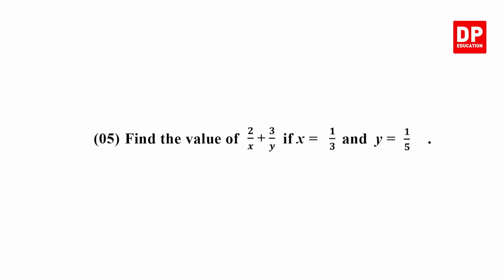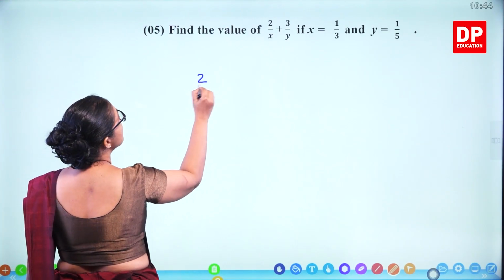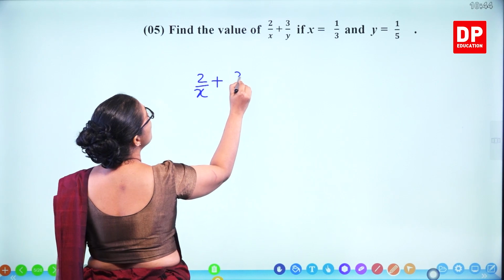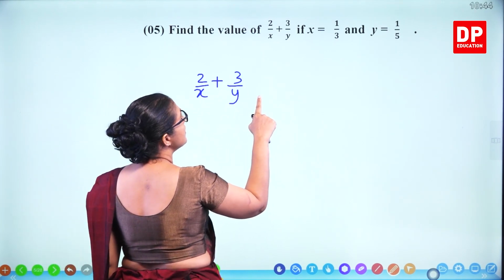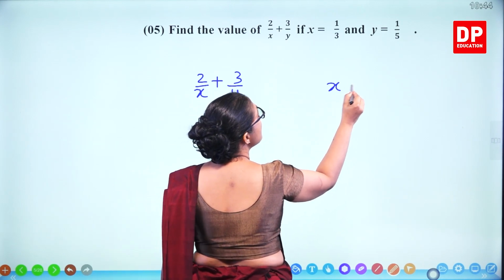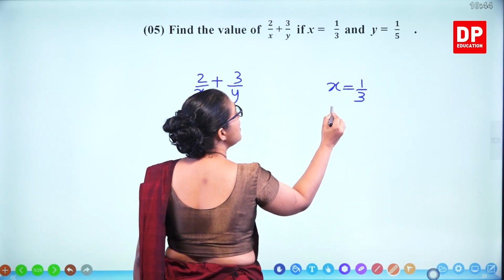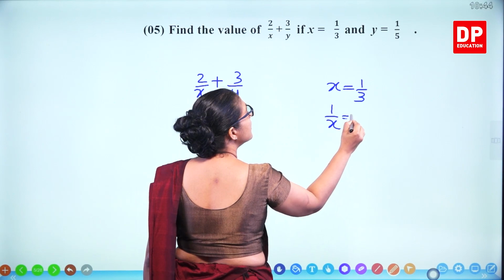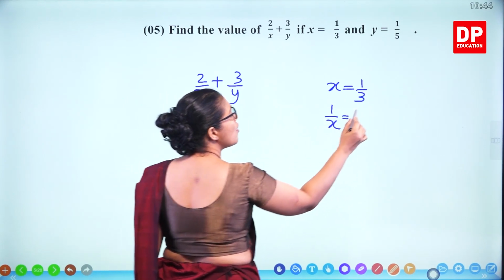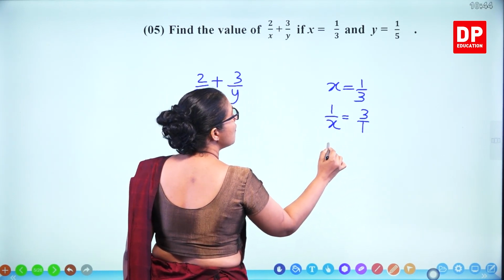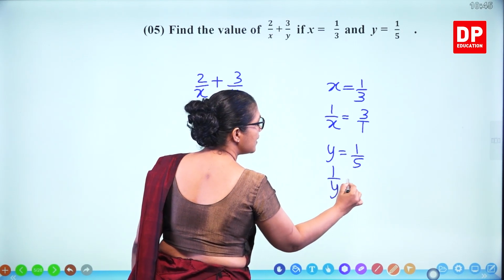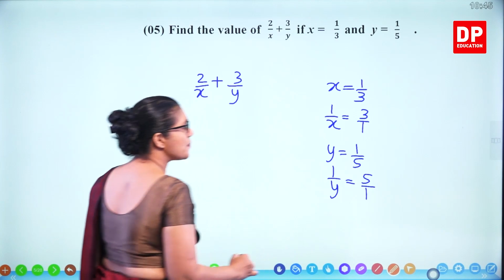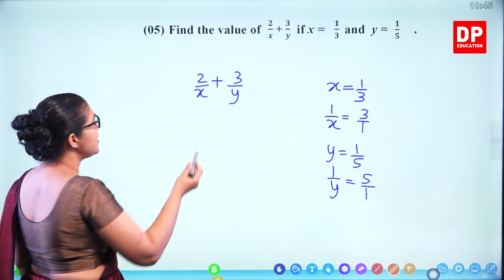Question number 5. 2 over x plus 3 over y, you need to find it if x equals 1/3 and y equals 1/5. Just tell me, what is 1 over x? Switch upside down, so 3 over 1. Y equals 1/5, so what is 1 over y? Switch upside down. Now you can easily substitute.